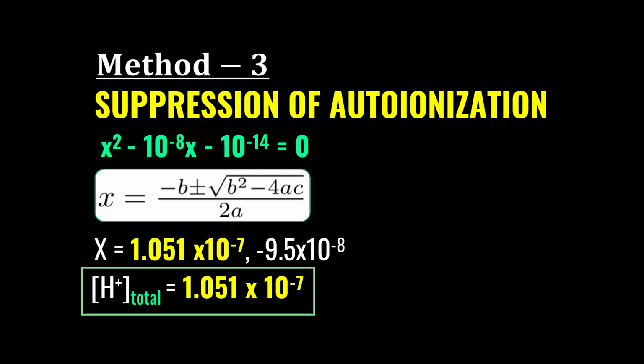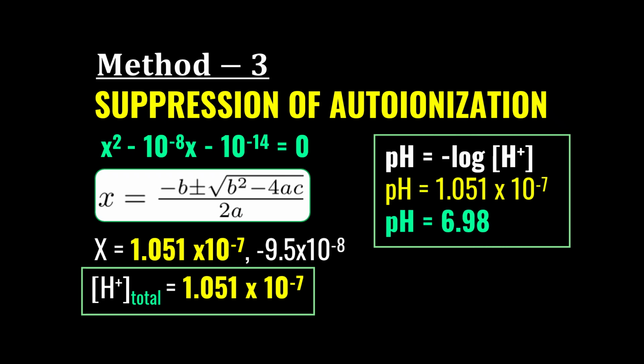When you plug this value in the formula, you will get pH equal to 6.98. So this is the most accurate, or you can say the correct calculation of pH of an extremely dilute solution. This has been calculated giving consideration to the ionization of water, the suppression of ionization of water, and also the contribution of water to the calculations.